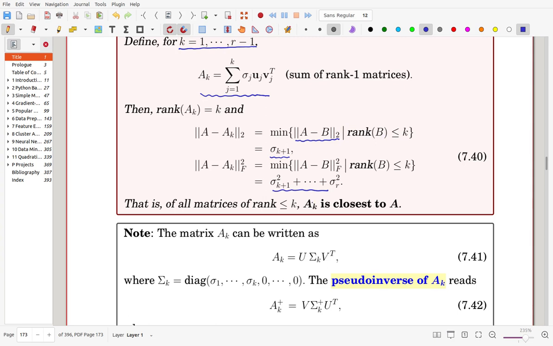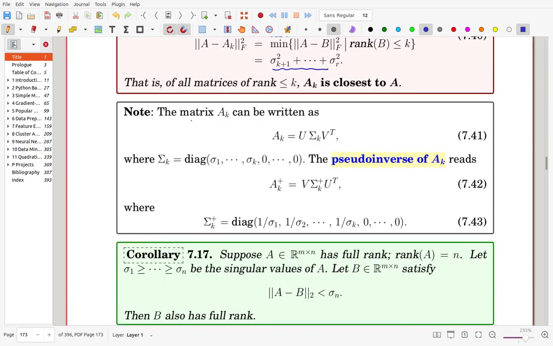That means that A_k is closest to A. Now A has rank r, and A_k has rank k, but among every rank k matrix, A_k is the closest matrix to A. That's the meaning of this theorem.